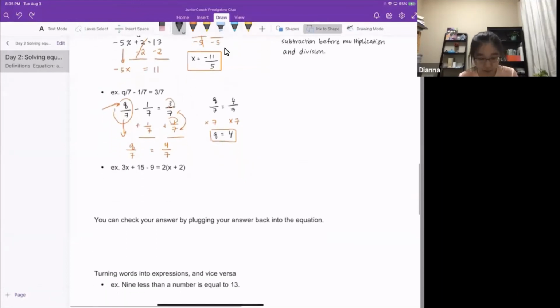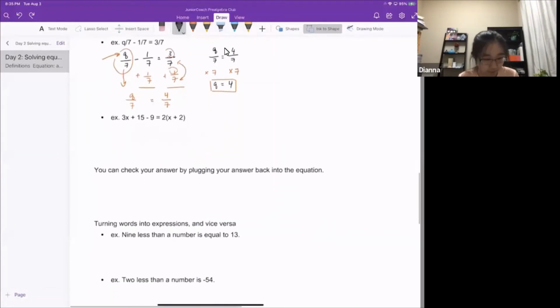And so let's see. I'll do this one. So the next example, 3x plus 15 minus 9 equals 2 times x plus 2. So it looks like a lot, right? So we kind of want to get this problem into something a bit easier on us because it looks pretty complicated right now.